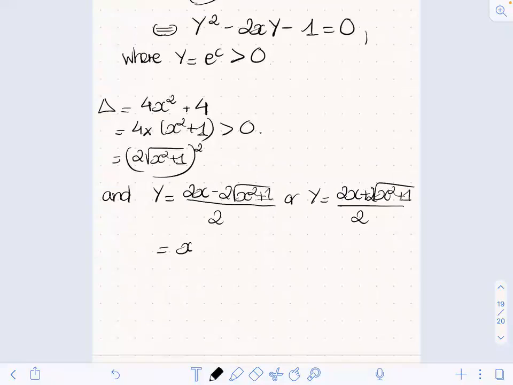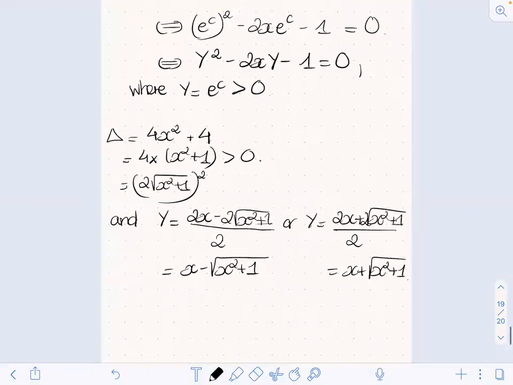So that's x minus the square root of x squared plus 1, or x plus the square root of x squared plus 1. But we know that y has to be positive. And can we say anything about the signs of these two expressions for y?